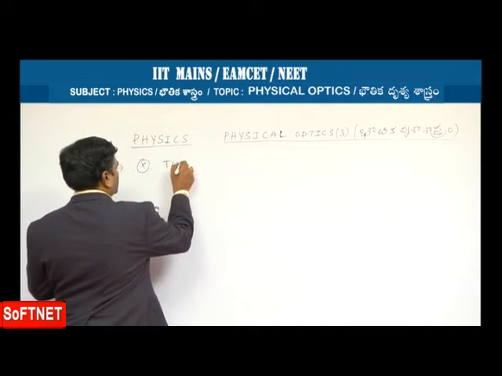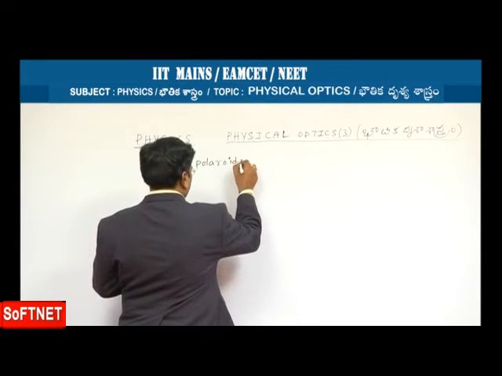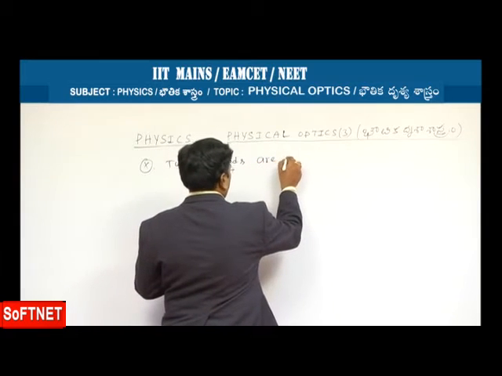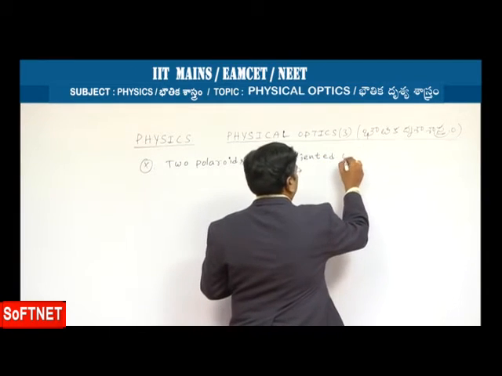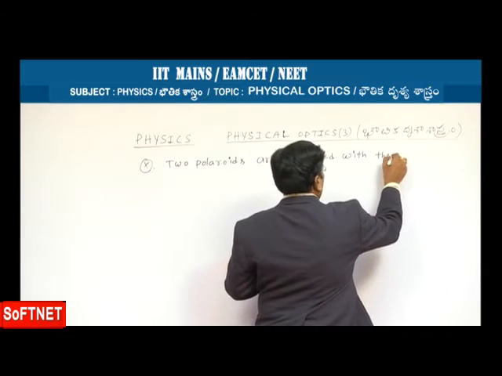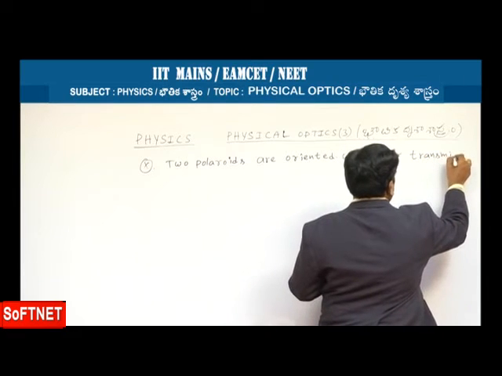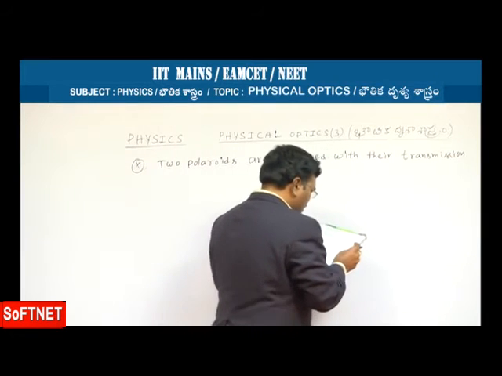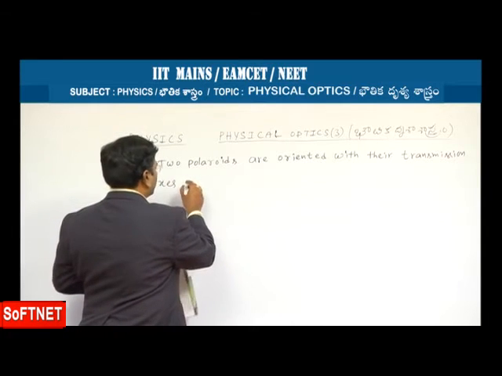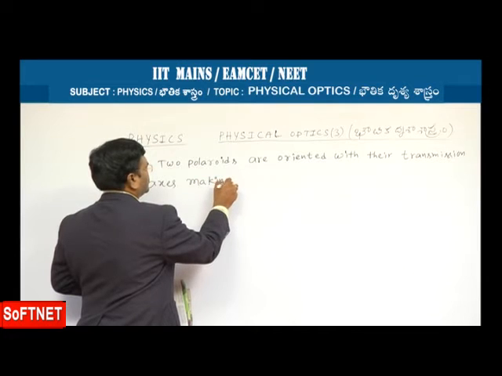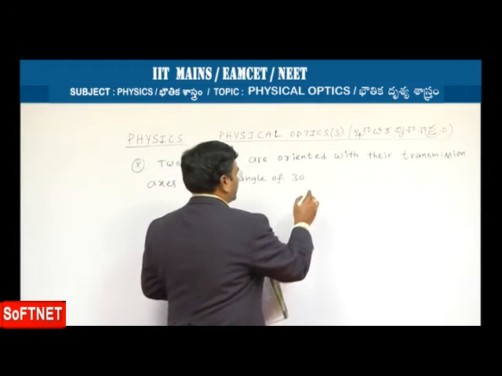Two polarizers are oriented with their transmission axis making angle of 30 degrees with each other.